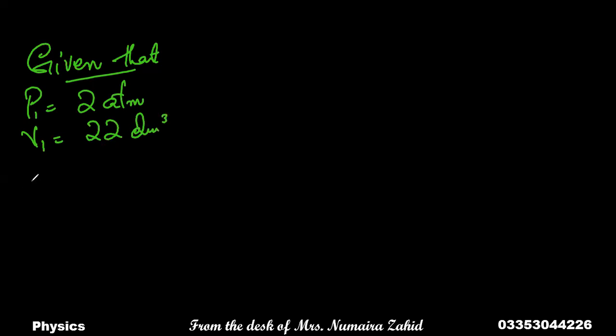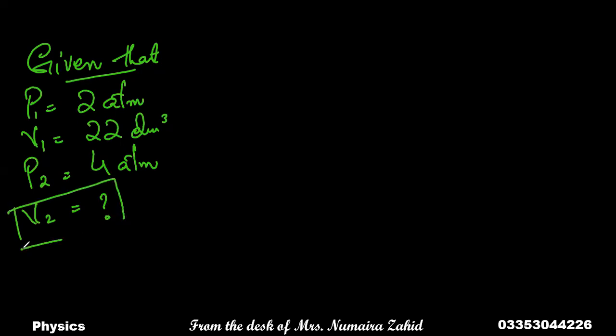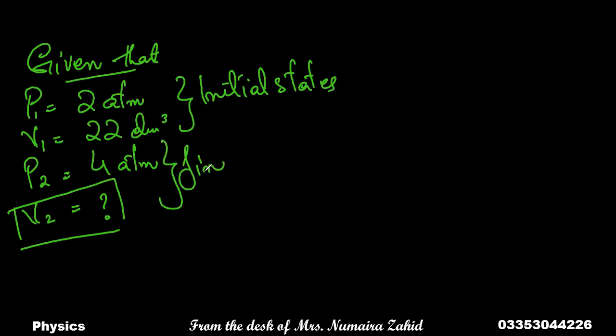So pressure changes to 4 atmospheres, what happens to the volume of the gas? In this situation, we need to find out the final volume. Here, these are the initial states and these are the final states.